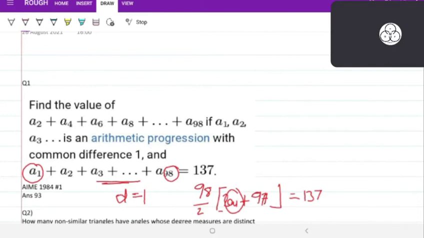Now if we can find out the value of a1 by solving this equation, we can easily find out the value of a2. a2 will be a1 plus 1, right? Just look at this step.